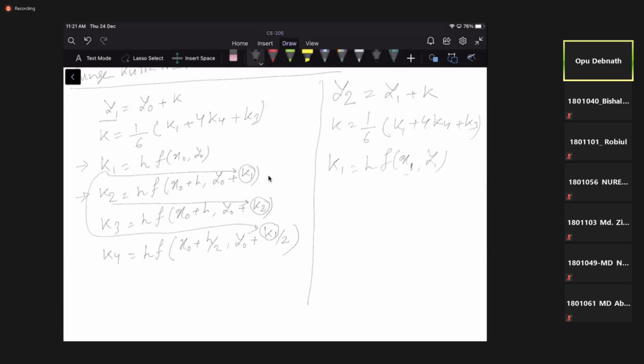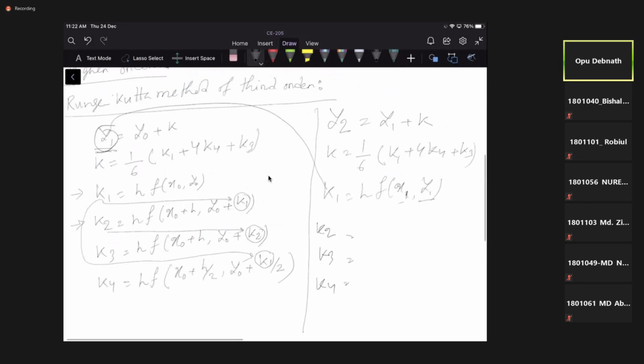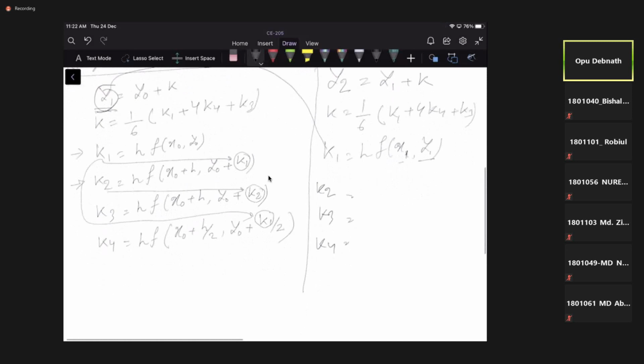So x1 is nothing but x0 plus h, and y1 you already got from the first trial. So in all these cases you will use your approximated value of y1 from the first step. So this is k1, and then go for k2, k3 up to k4, following the same process. So this is the Runge-Kutta method of third order.